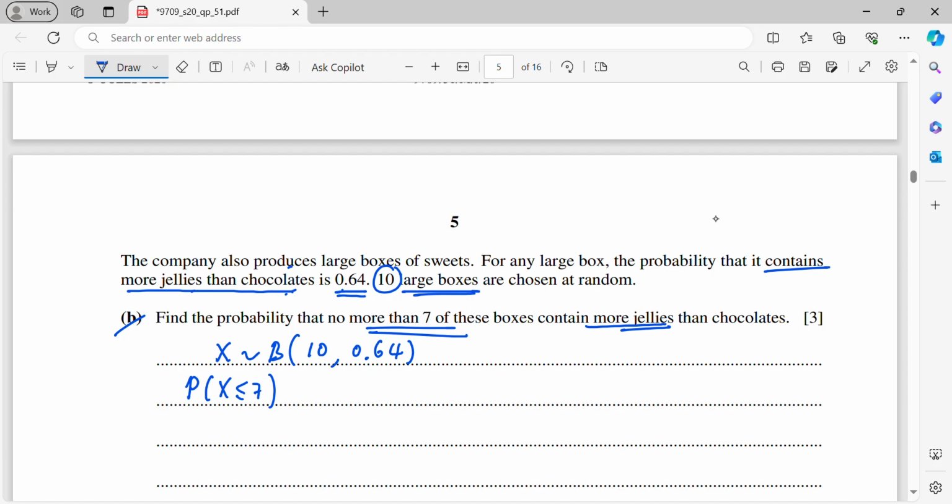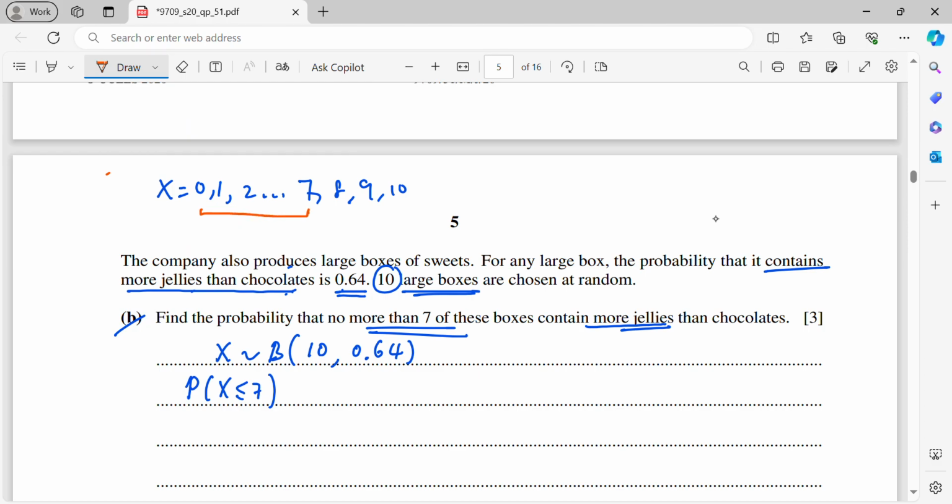So now I will be using the complementation rule because I know that my x is from 0 to 10. Now, less than or equal to 7 means 0 to 7.